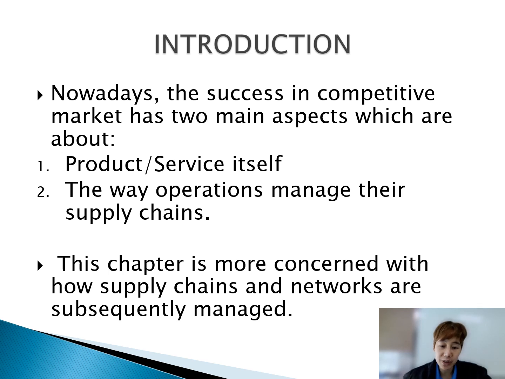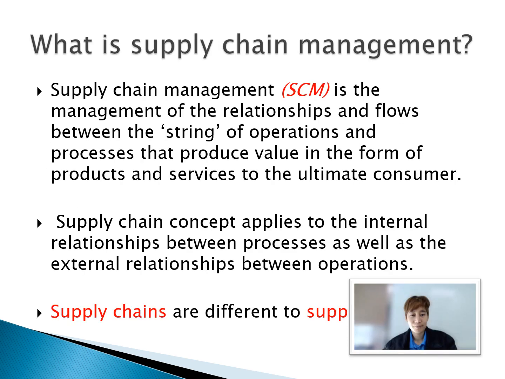Anyway, this chapter is more concerned with how supply chains and networks are managed. Let's see. What is supply chain management? Supply chain management, or SCM, is the management of the relationships and flows between a string of operations and processes that produce value in the form of products and services to the ultimate consumer or customer.